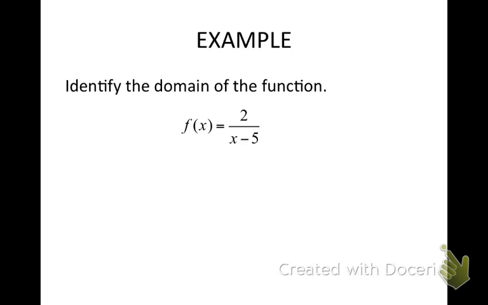I want to make sure I write this out the way this book is. So it's going to be all real numbers except what value of x? 5. So to find the domain, we set our denominator equal to 0. Then we solve for x, so adding 5 over gets us x is equal to 5. So when x equals 5, I get a 0 in my denominator, which is undefined, because remember, you can't have zeros in the denominator. So now we need to think about how we want to show our domain.